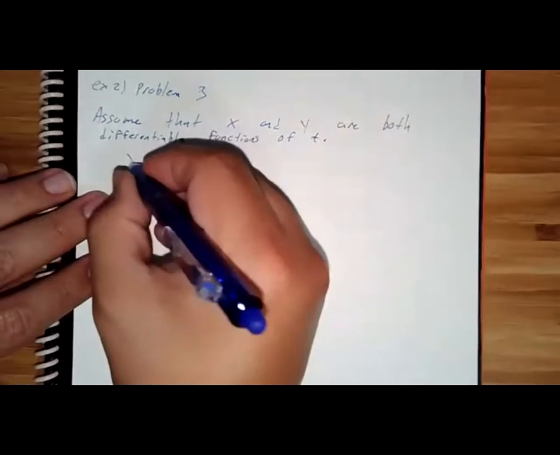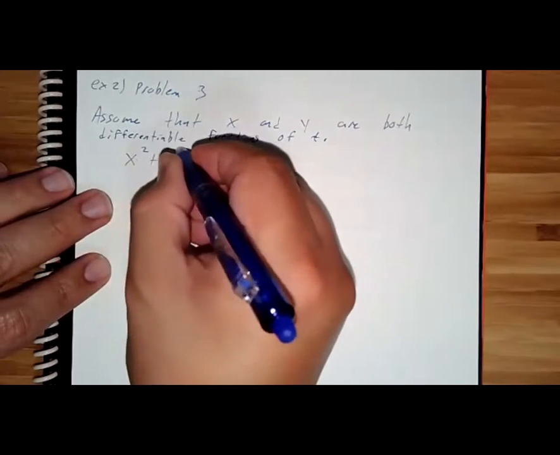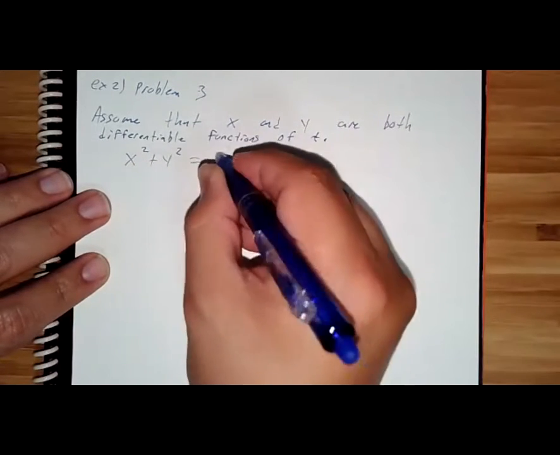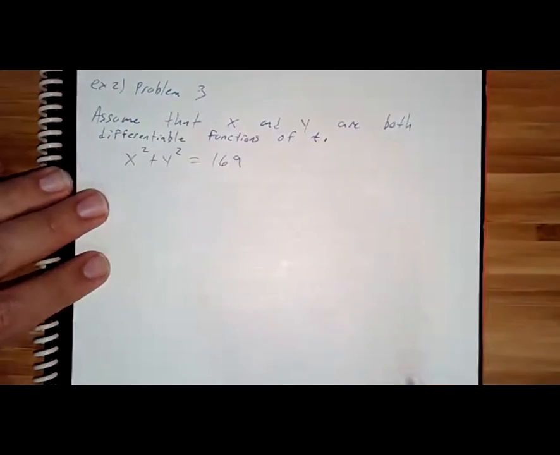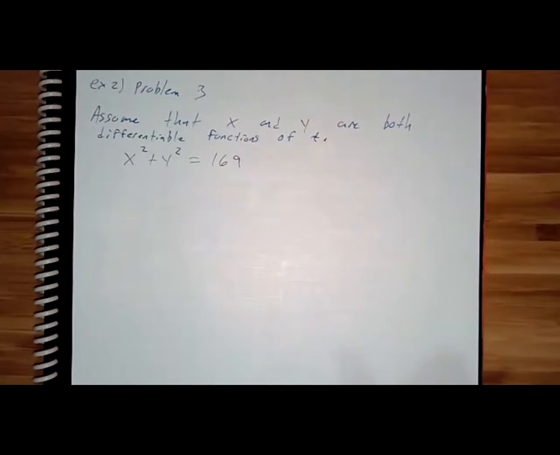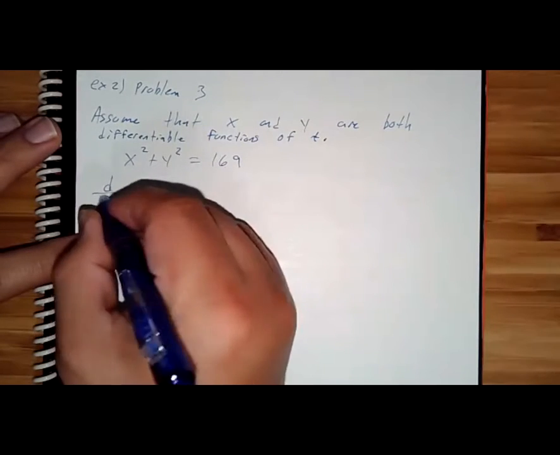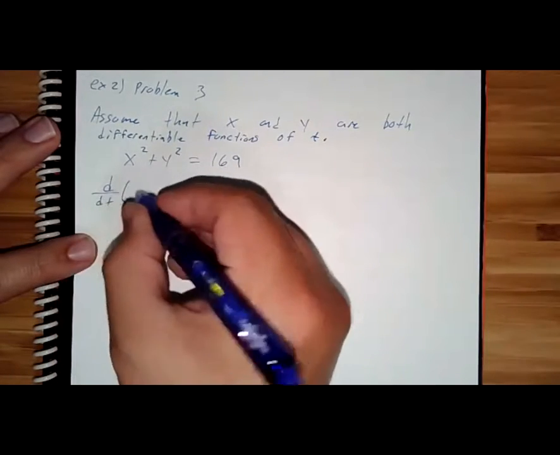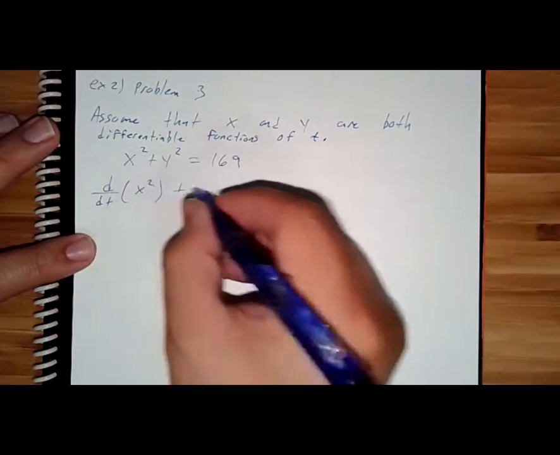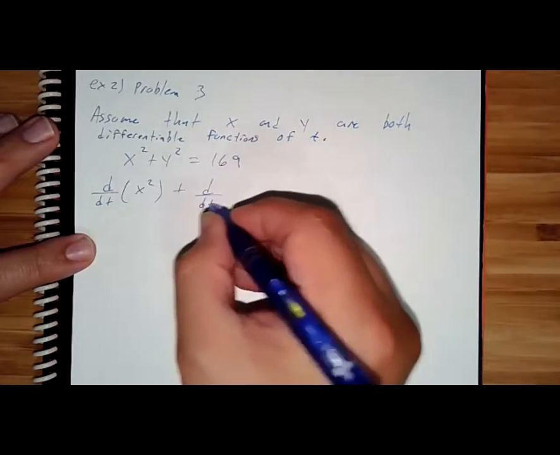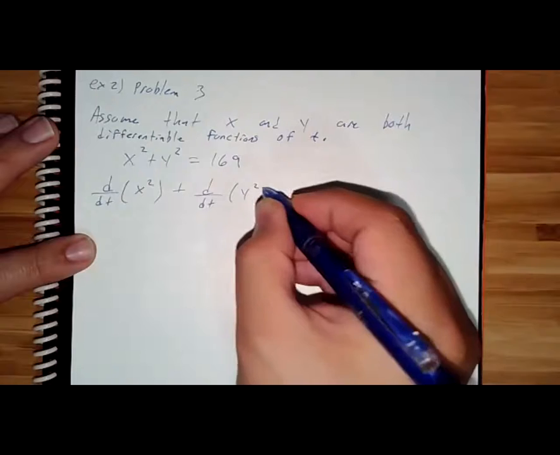Okay, so they give us this equation. So all you have to do is take the derivative with respect to time, like I did in that other example at the beginning. So they're both going to be implicit.